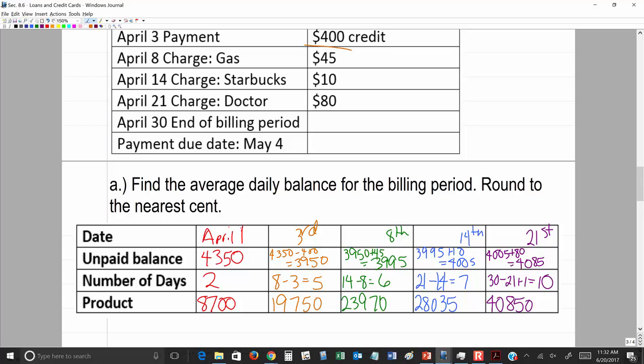Any questions about that part? So then to find the average daily balance, you're basically going to add up that last line and then divide by 30, since there's 30 days in the month.